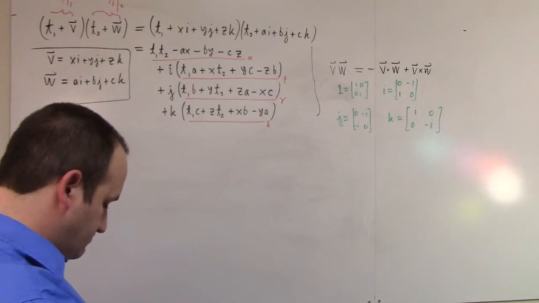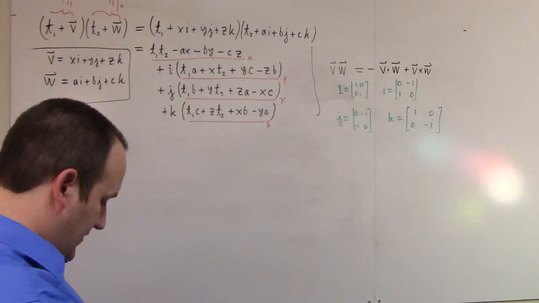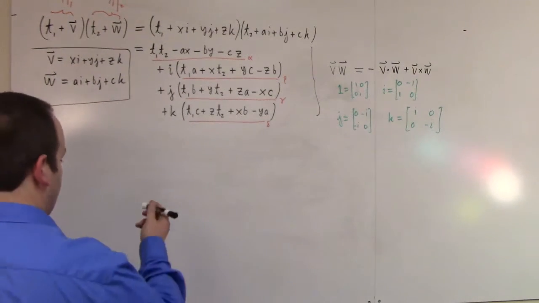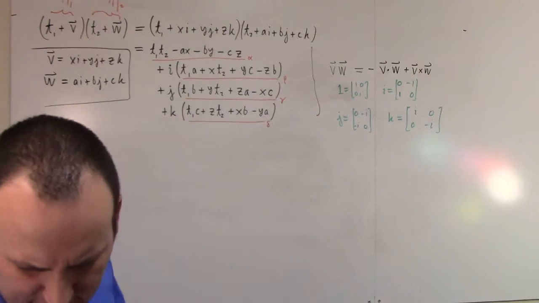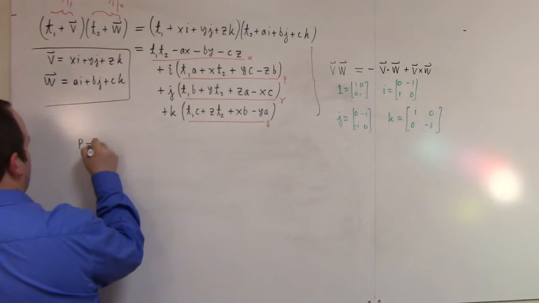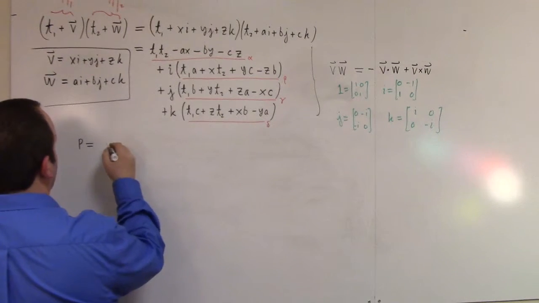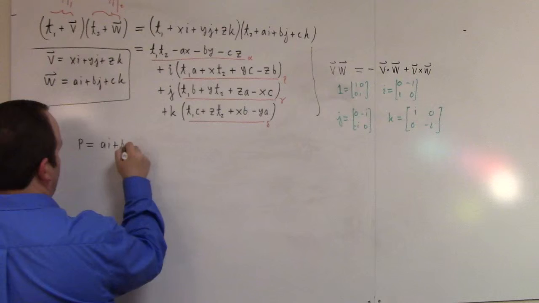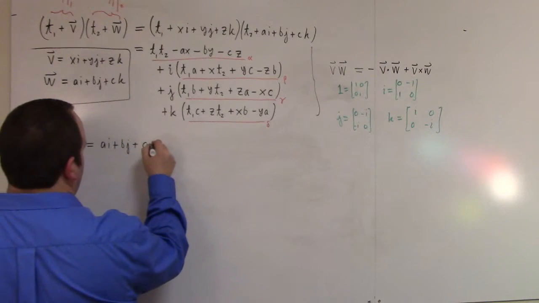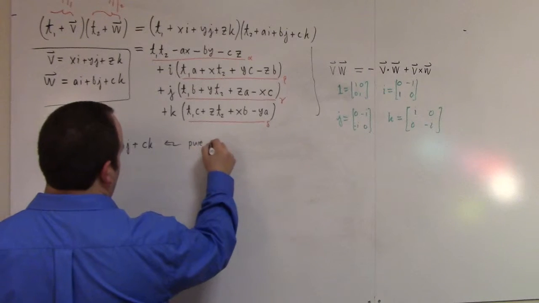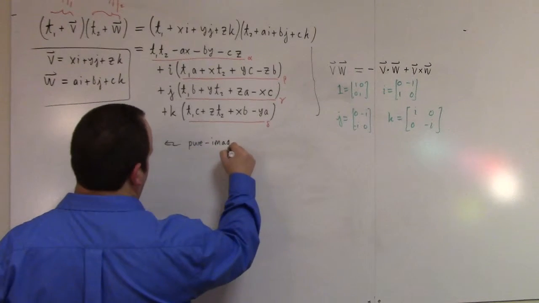Anyway, so he says a pure imaginary quaternion is basically of the form P equal to AI plus BJ plus CK, right? This is a pure imaginary quaternion.